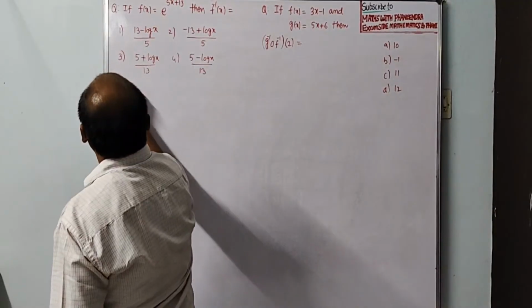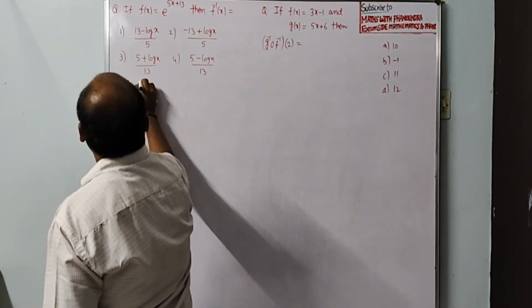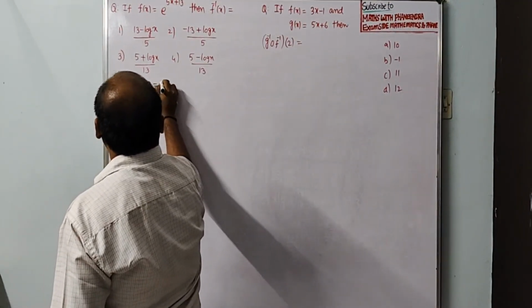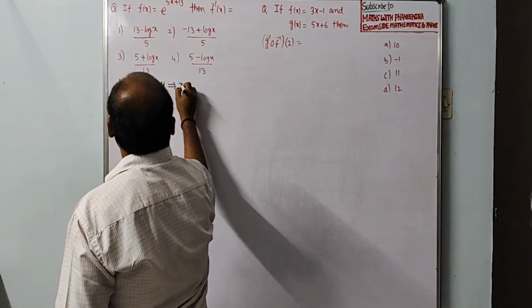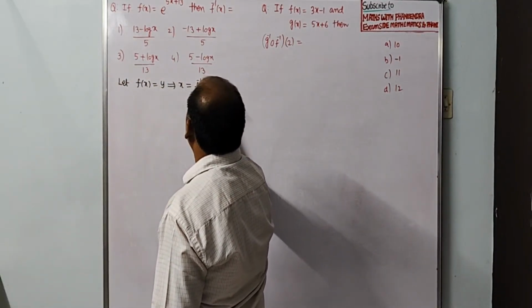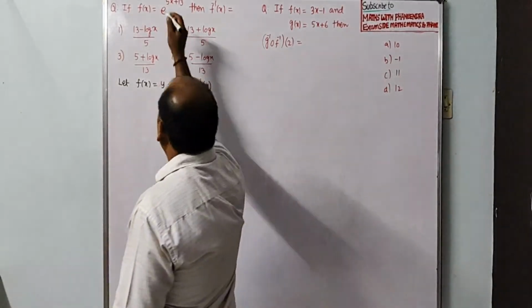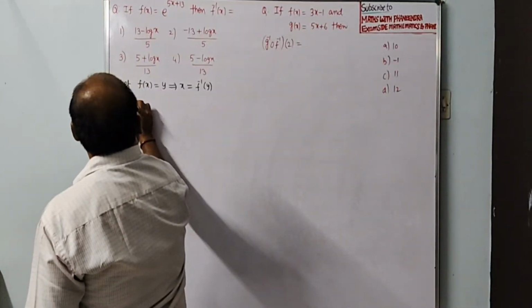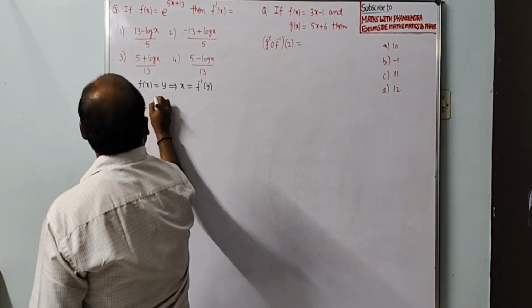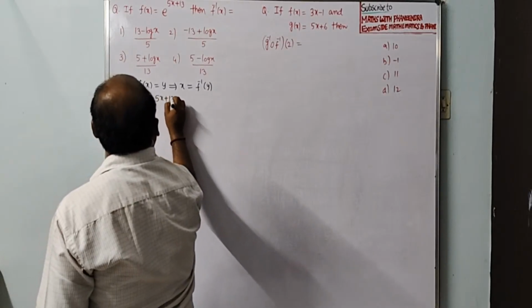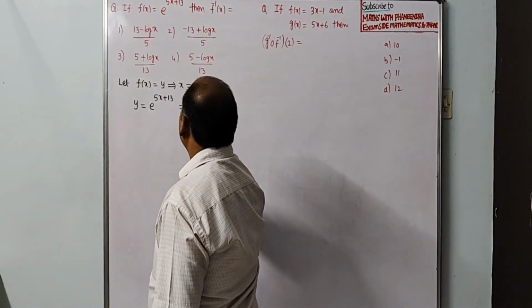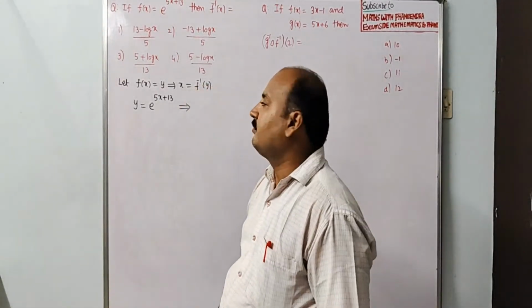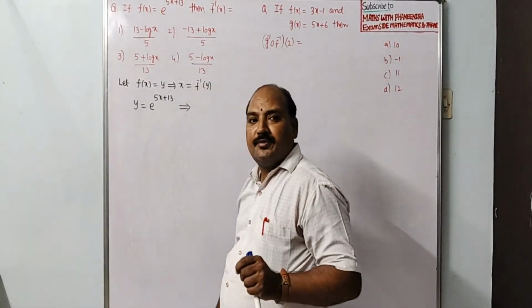in this question, let f of x is equal to y, that implies x is equal to f inverse of y. Next, y equal to e power 5x plus 13.